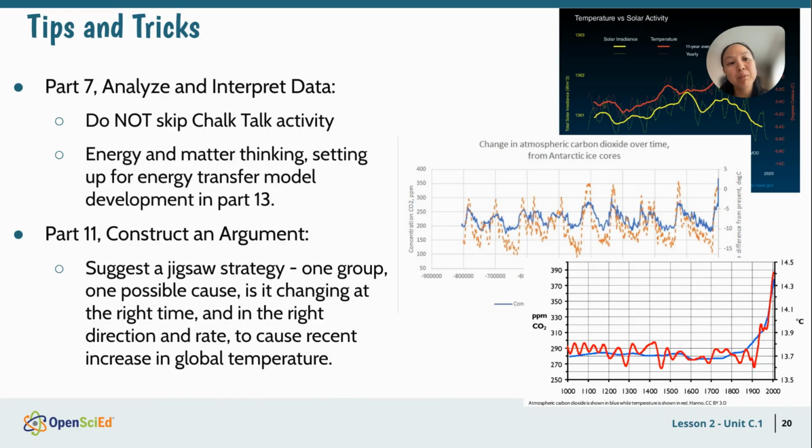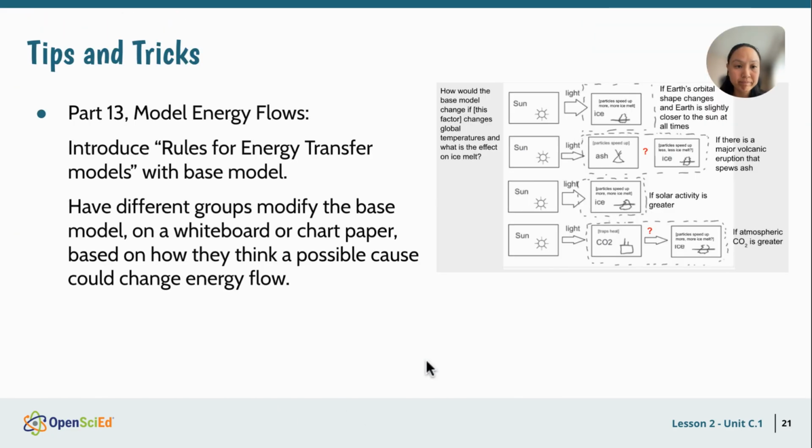So give students the opportunity to wrestle with the data in small groups through the energy and matter chalk talk activity in part 7. Then the stability and change, construct, and argument activity in part 11. Subsequently, in part 12, the whole class will come together in a building understandings discussion to share their oral arguments.